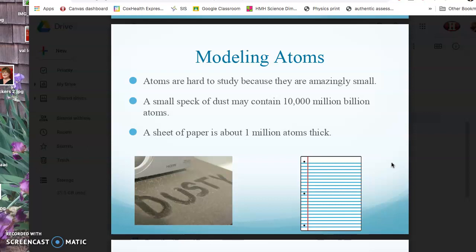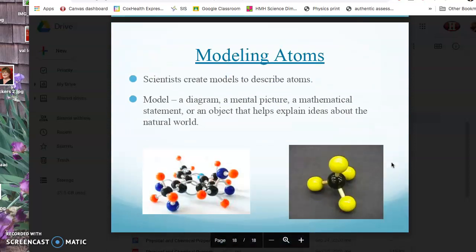A sheet of paper is about a million atoms thick. So I mean, it's almost mind-boggling trying to understand how small an actual atom is. So scientists use these models to help describe atoms. And remember that a model is a diagram or a mental picture or something to help explain a science concept.